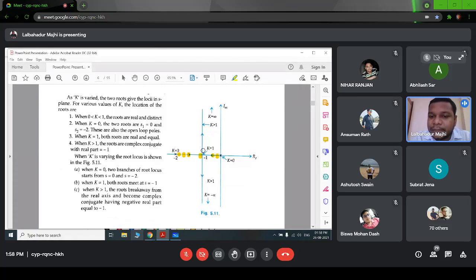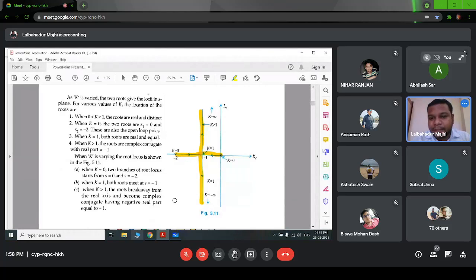For k greater than 1, it will be a complex conjugate pole. For k equal to 2, 3, 4, you can try that. So these are known as the root locus branches, the branches in which we are plotting the locus of the roots.